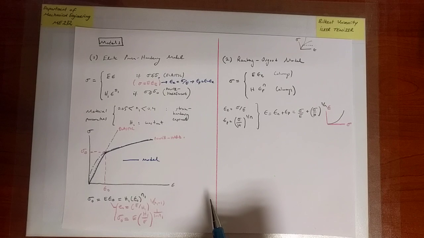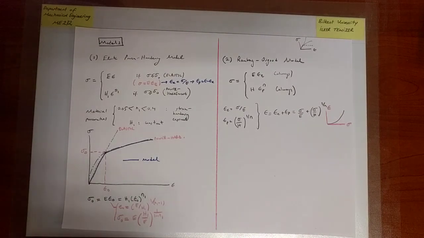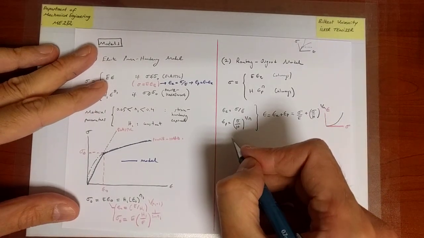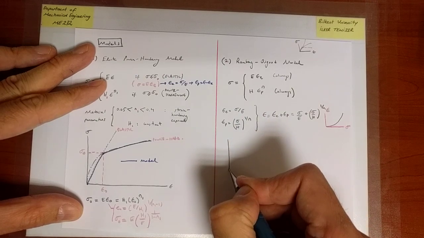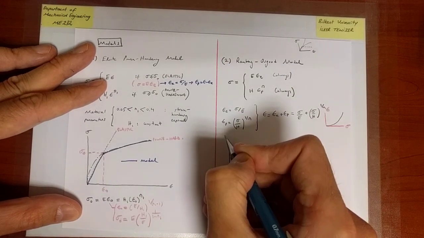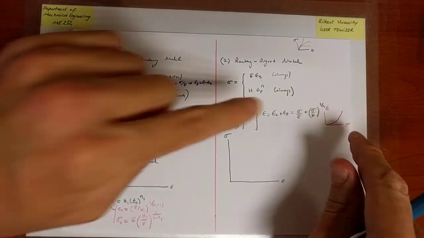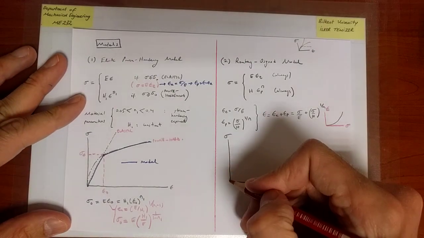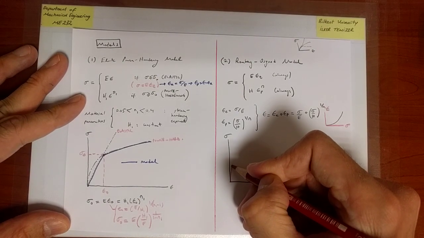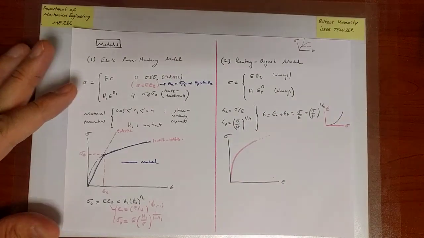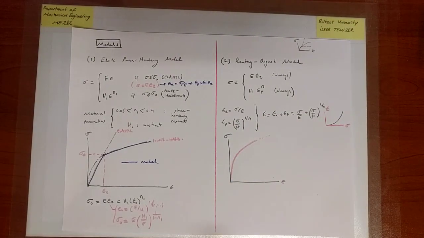Another question to ask here is, well, what is the yield strength? Now, the yield strength is something we need to think about, and the best way to think about it, I think, is to go ahead and plot this relation in our classical view. So I'm just going to go ahead and flip these axes, and I'm going to draw the way the curve looks with respect to our usual understanding of the stress-strain curve.